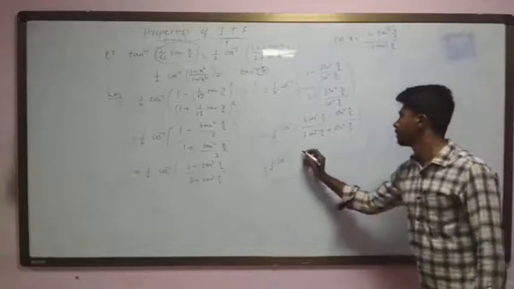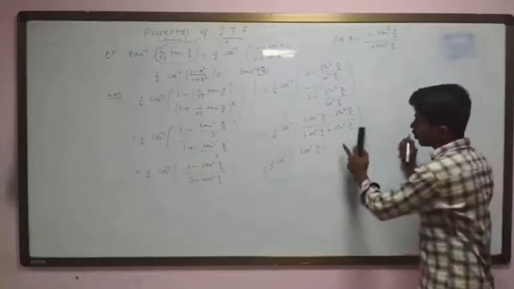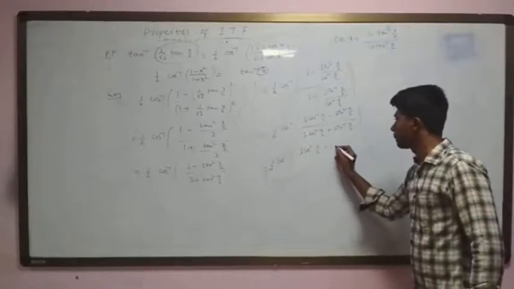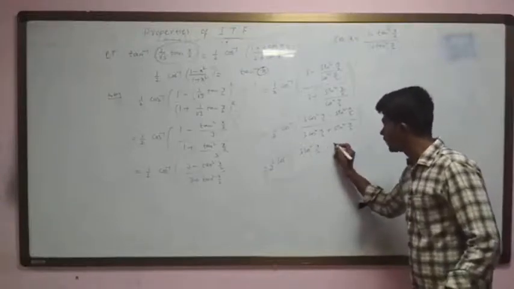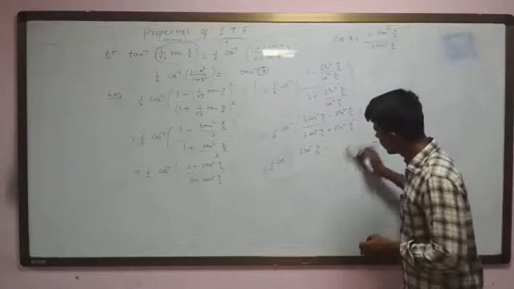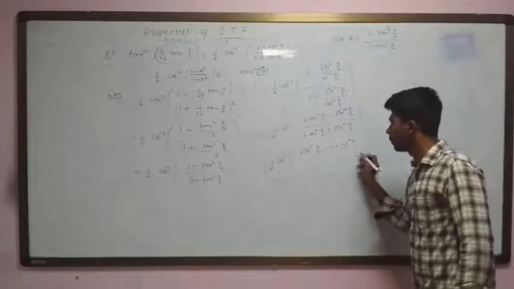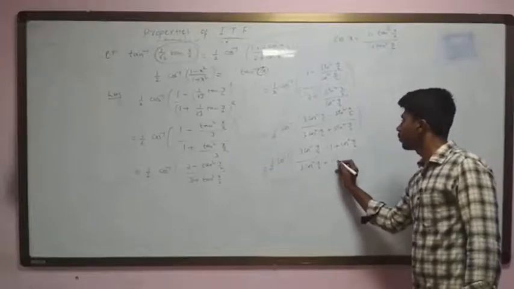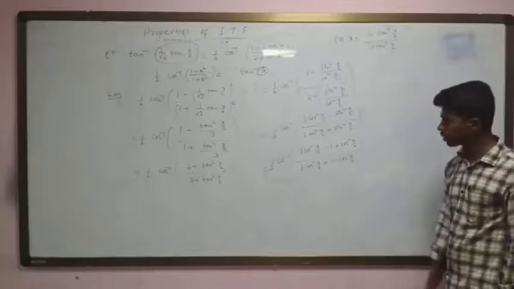So I substitute: 3 cos square x by 2 minus 1 minus cos square x by 2, which becomes minus 1 plus cos square x by 2, by 3 cos square x by 2 plus 1 minus cos square x by 2.